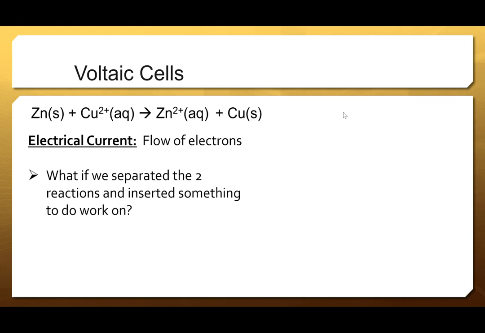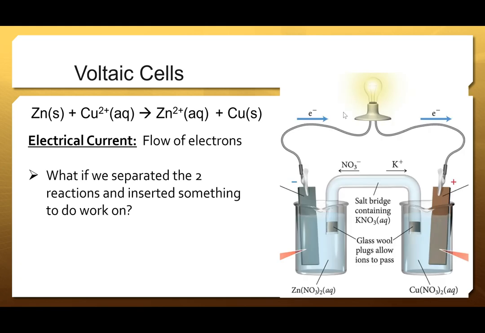And then maybe we connected those two beakers with a wire, something that electrons could flow through. And then in the middle of that wire, we could put something that it could do work on, like a meter or a light bulb or anything really, right? So that's a Voltaic cell. That's exactly what we do with a Voltaic cell.